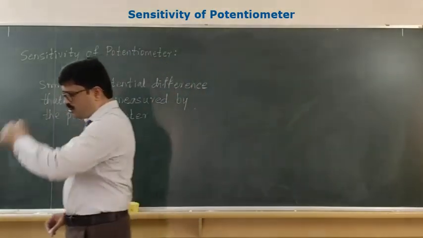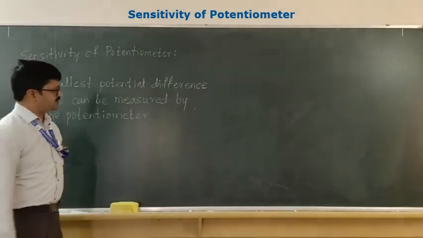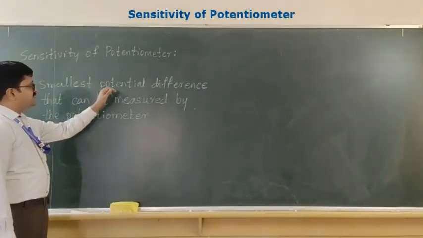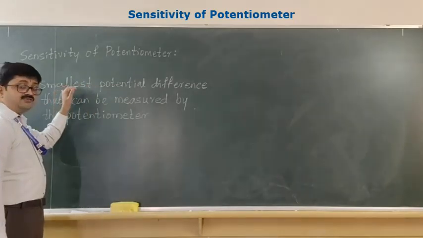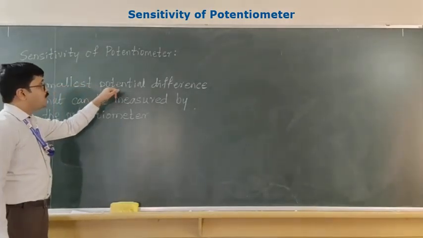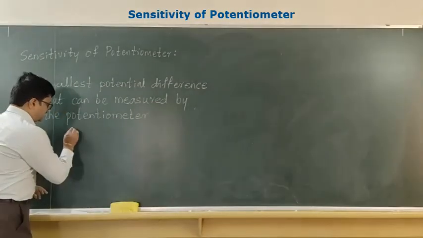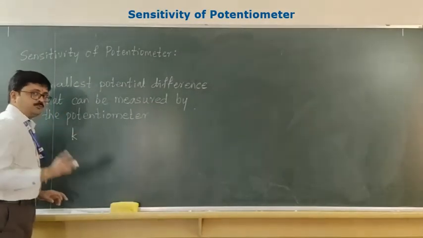So this is sensitivity of a potentiometer. Now when we are talking about sensitivity of potentiometer, it is the ability of the potentiometer to measure smallest potential difference. That means K is equal to, K is what? Potential gradient.